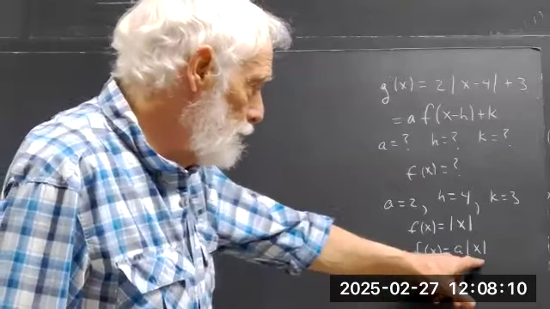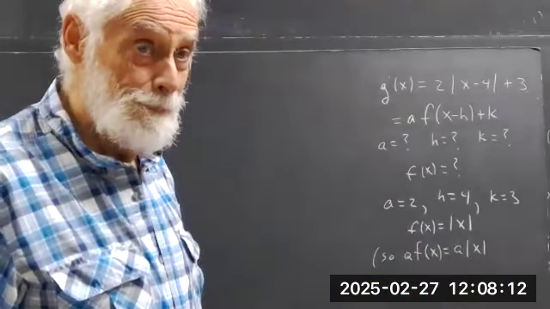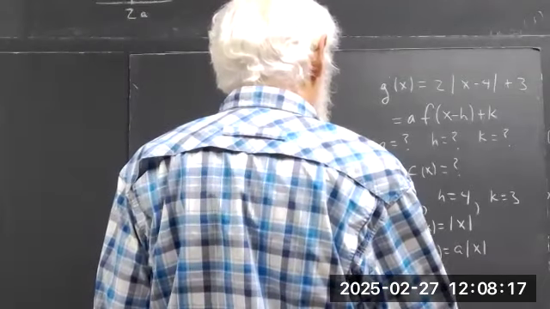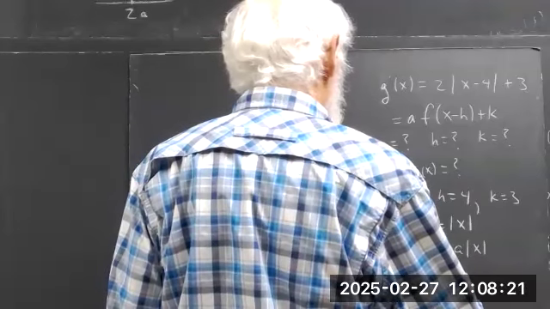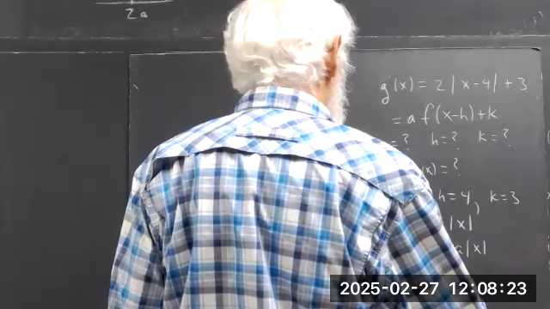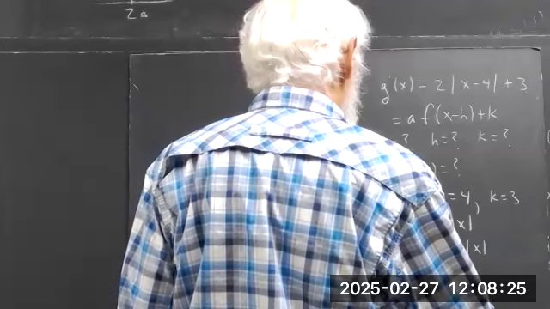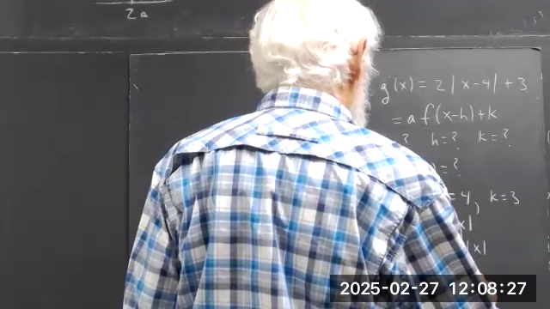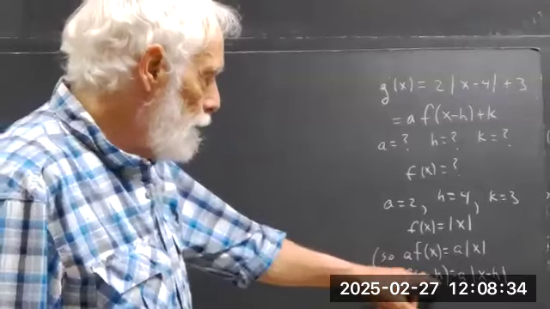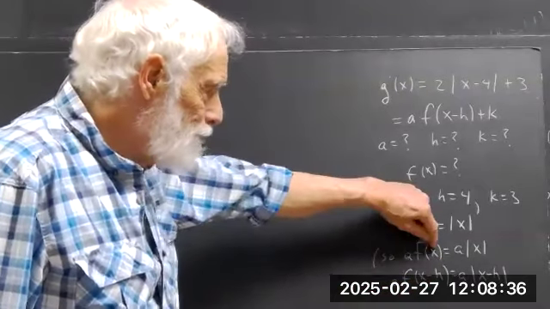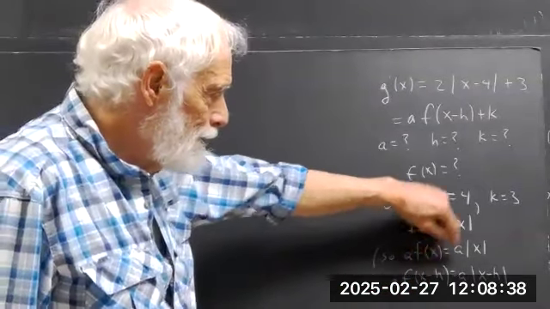So a f of x would be a times the absolute value of x, right? h, x becomes x minus h.